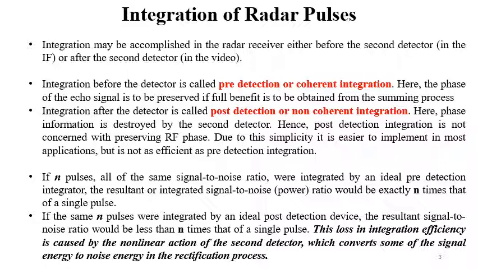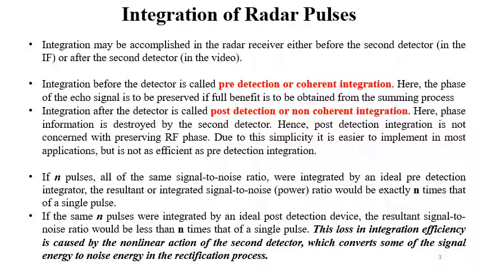Here the phase of the echo signal is to be preserved if full benefit is to be obtained from the summing process. Integration after the detector is called post-detection or non-coherent integration. Here phase information is destroyed by the second detector. So post-detection integration is not concerned with preserving RF phase.